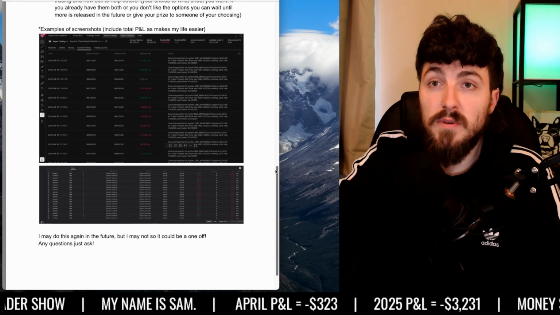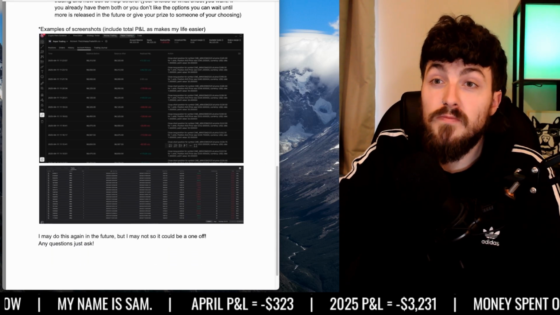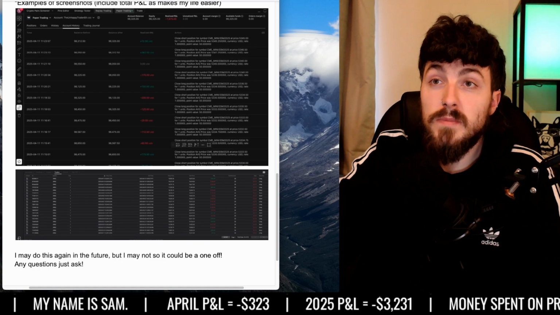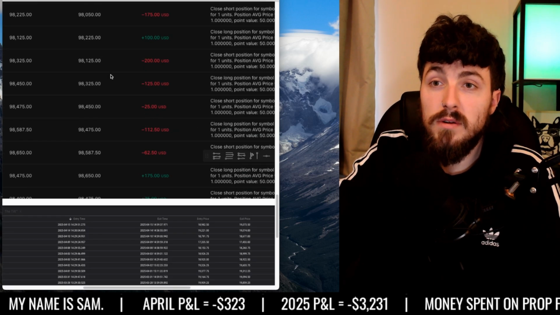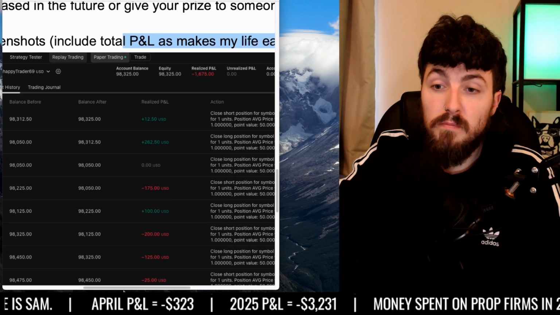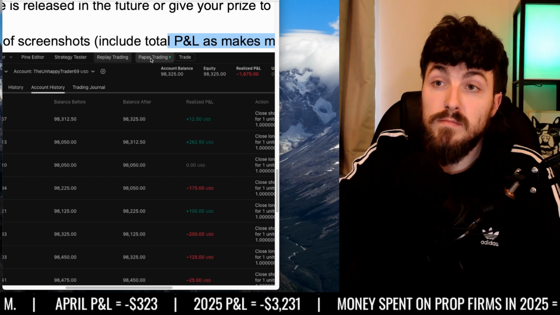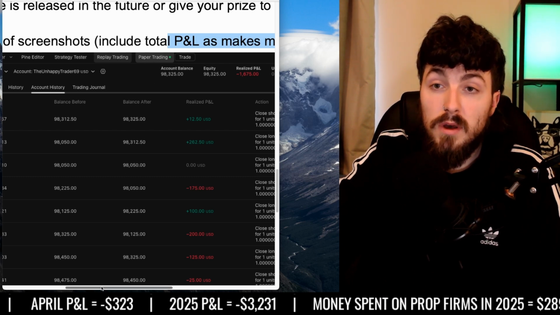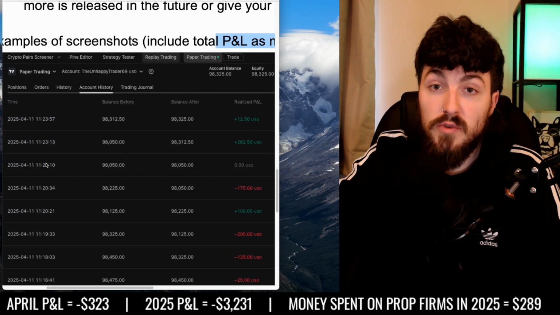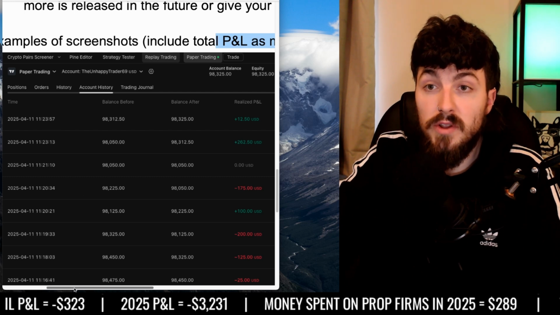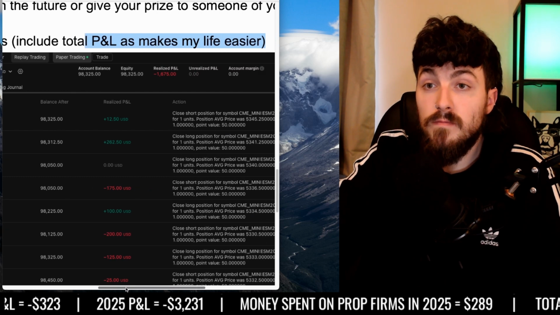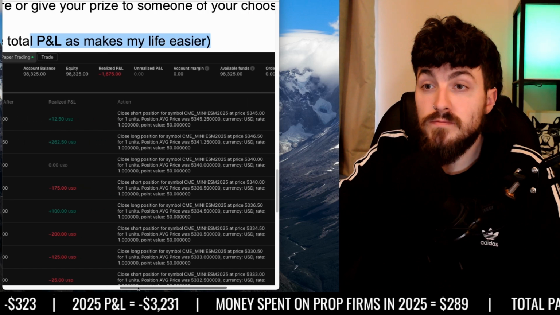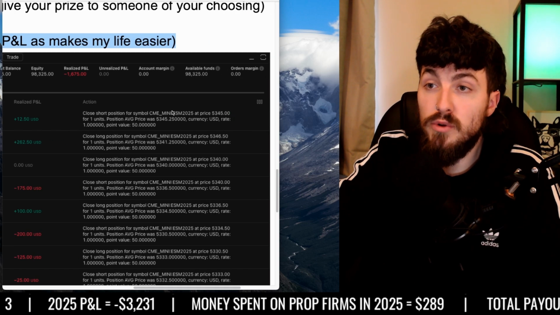So yeah, just quickly, some examples of screenshots of the trade data. Sorry, I'll zoom in a little bit. This is on TradingView's paper trading tab. You need to be able to send me a screenshot of this where you've got the time and date, entry price, realized P&L, and the product you were trading.